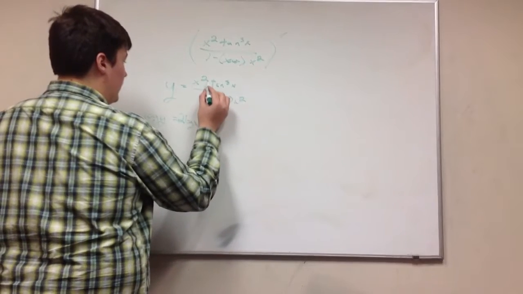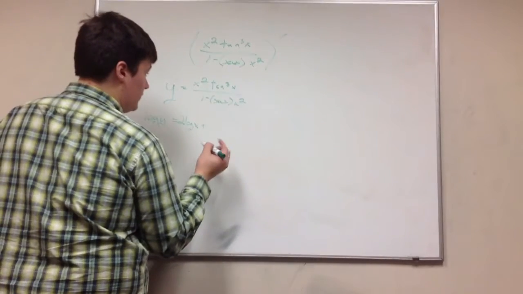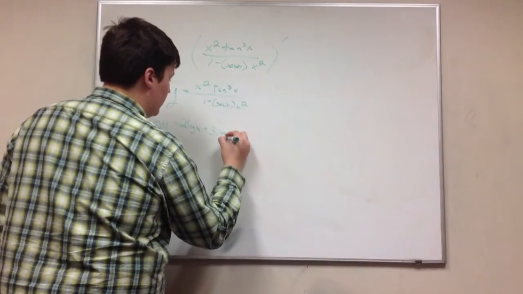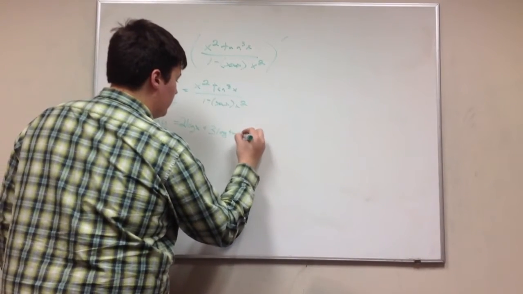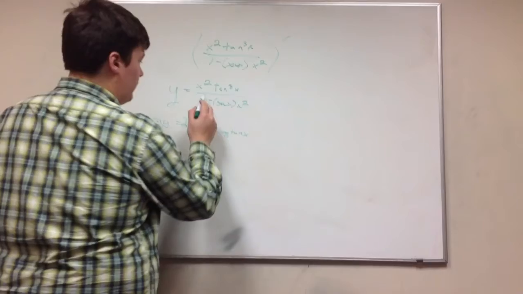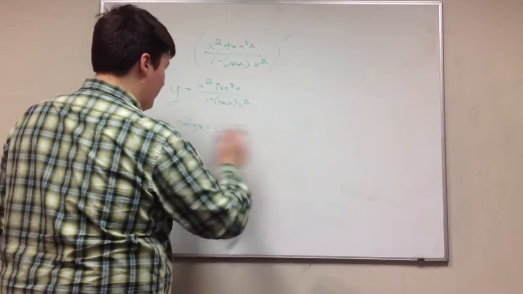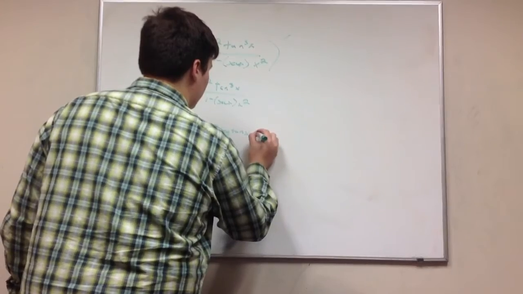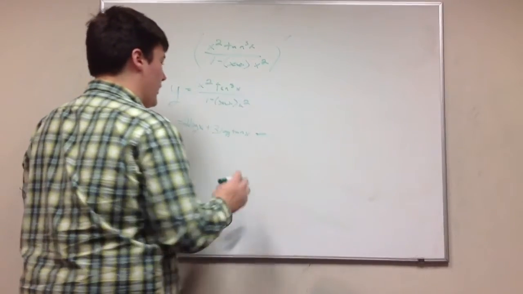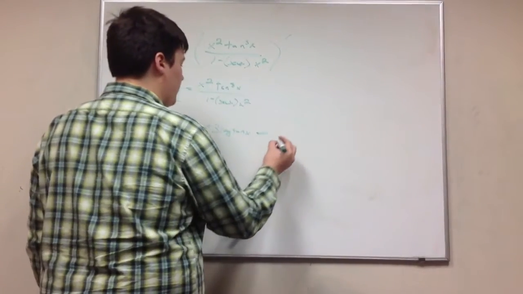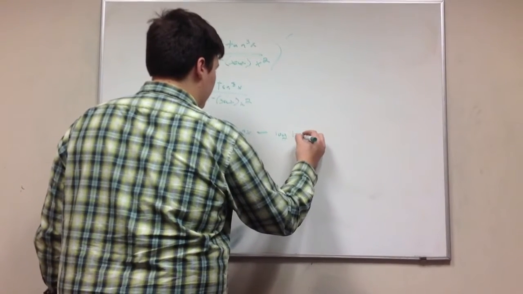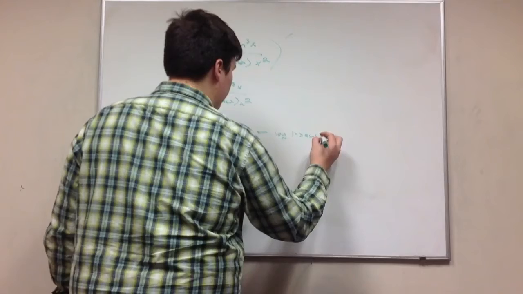It turns multiplication into addition, so you have 3 log tan x. It turns division into subtraction, so this is all subtracted by log of 1 minus secant x.